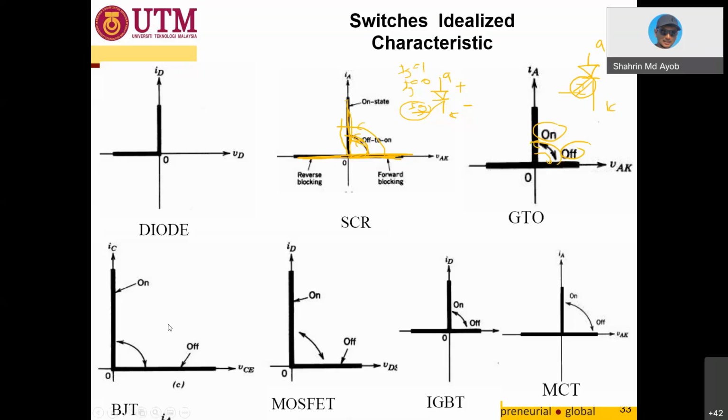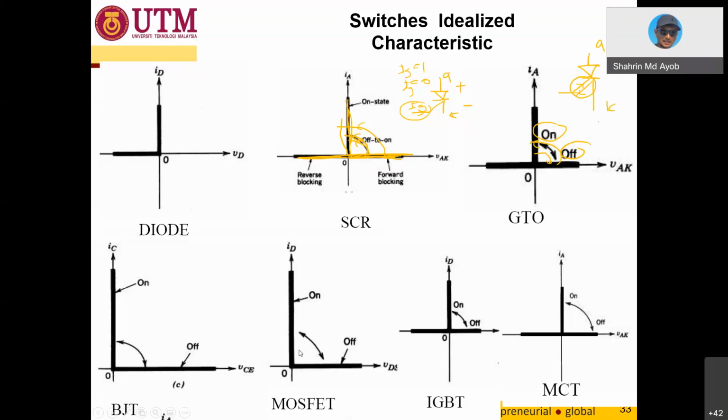And this is for the BJT. The transistor is fully controlled. So GTOs are like an SCR in their characteristic. This BJT is the transistor. So BJT and MOSFET, as you can see, are the same.